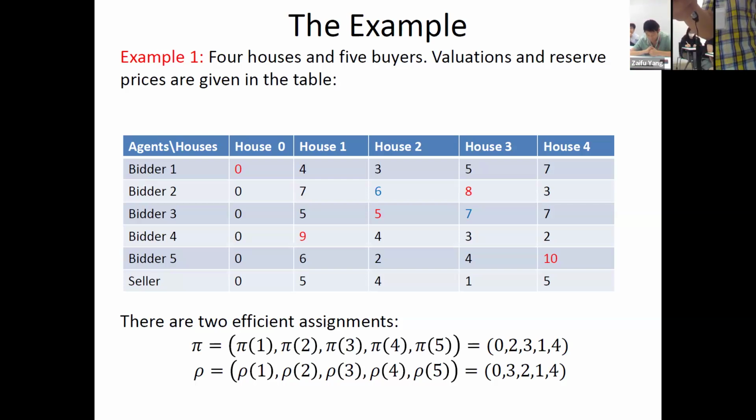First, we assign house two to bidder two, house three to bidder three, and house four is assigned to bidder five. So we have this efficient assignment.